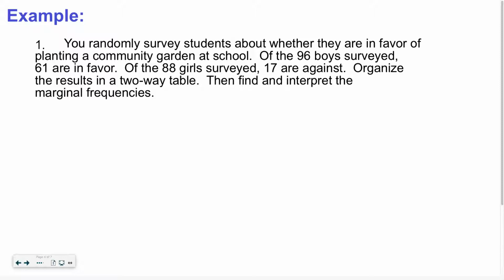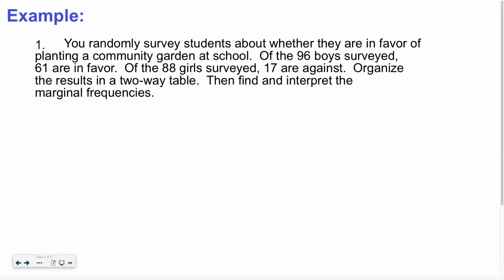Two different categories. So always before you start building a two-way table, you've got to decide what your two categories are. And I'll be real honest, on quizzes and tests, that is sometimes the hardest part for my students, because if you can't decide what the two categories are, you can't make the two-way table. You don't know what specifically your rows and your columns are going to be.